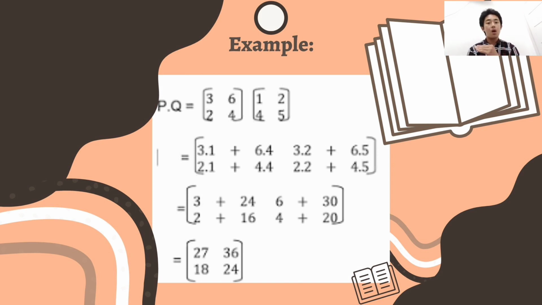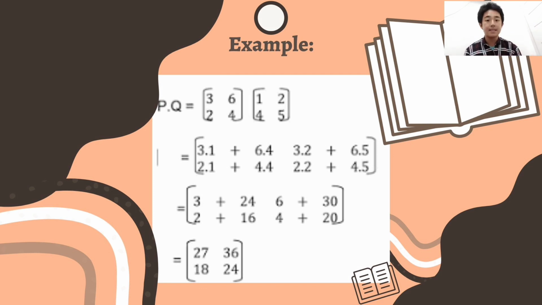If you can see here, we're going to write the first row from the P matrix, which is 3 and 6. We're going to multiply it with the first column of Q. So 3 times 1. 3 is from the first row of the P matrix, and 1 is from the first column of the Q matrix.